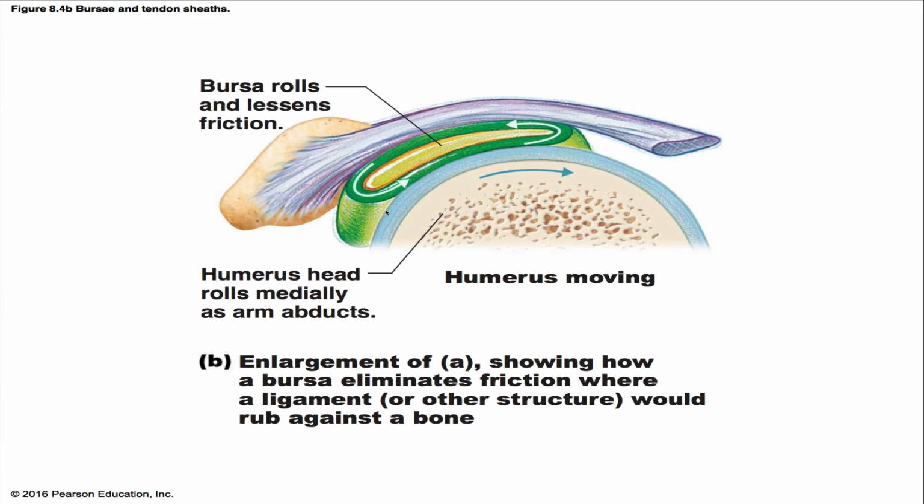Now, sometimes when you have injury, keep in mind they are lined with synovial membrane. What that means is they have a rich blood supply. So if there is an injury, some type of trauma, oftentimes it'll fill up with fluid, and when it starts to fill up with fluid, it starts to enlarge, and when it enlarges, you have decreased range of motion, and of course pain that's associated with it.